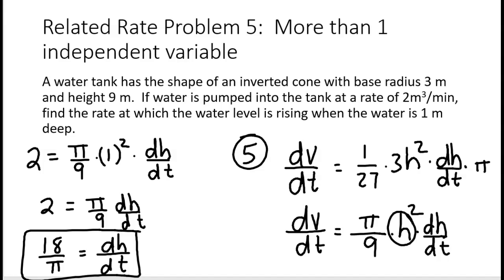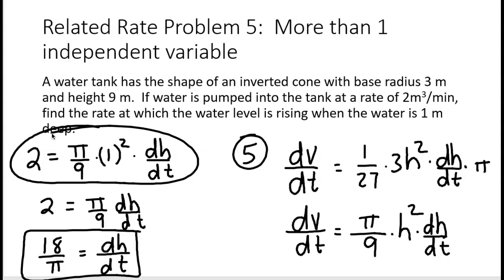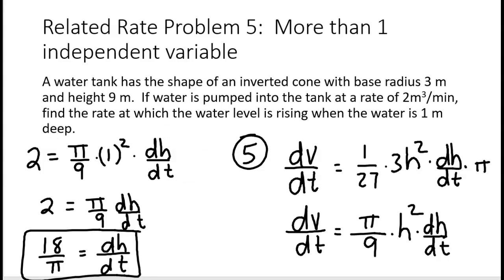And the result is this. By squaring the 1, we get this. And then by multiplying both sides by the reciprocal of pi over 9, we end up with the answer you see there. And we still have our units to include, which is feet per, no, I'm sorry, it's meters per minute.